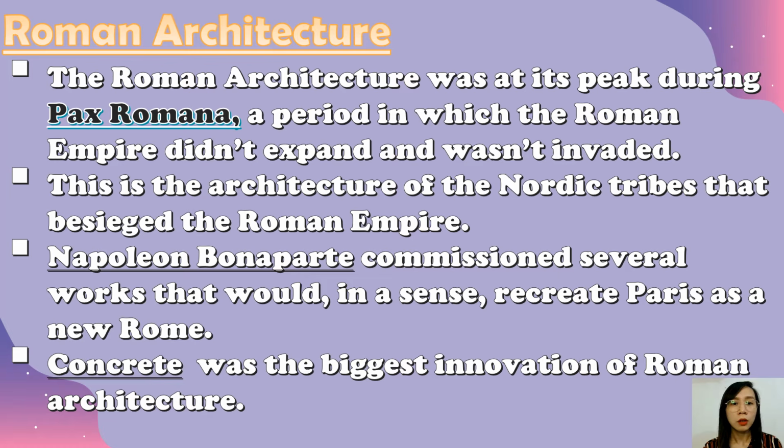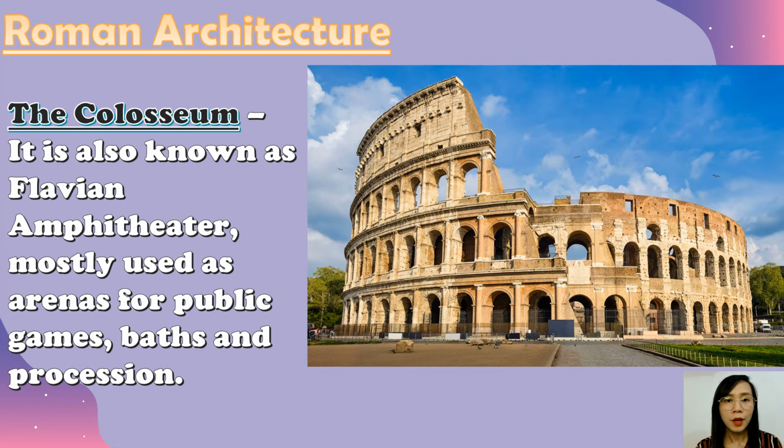And also, concrete was the biggest innovation of Roman architecture. One of the most famous structures made during the Roman period is the Colosseum. It is also known as Flavian Amphitheater, mostly used as arenas for public games, baths, and procession.